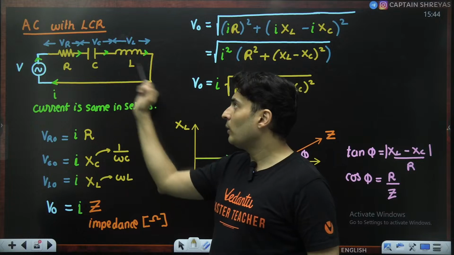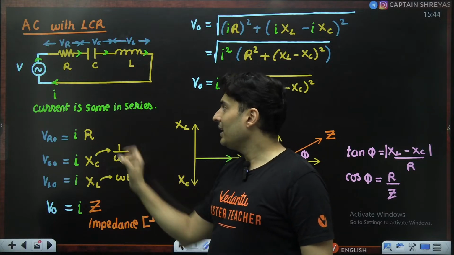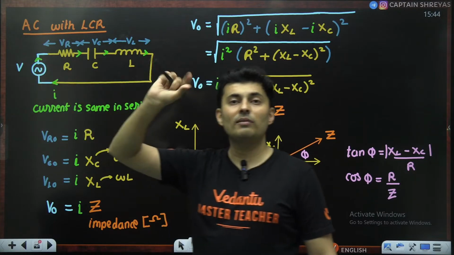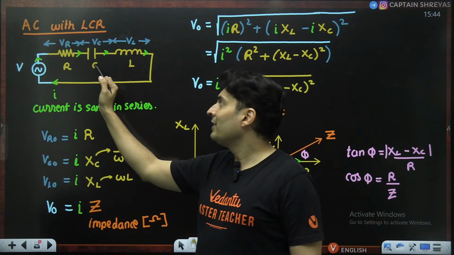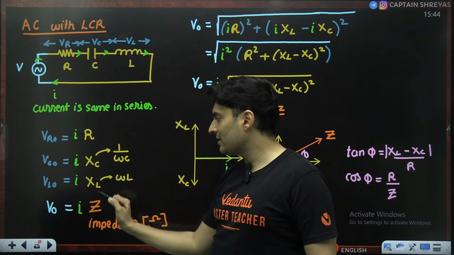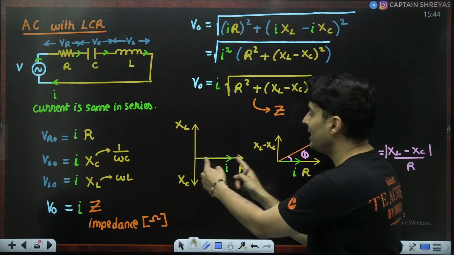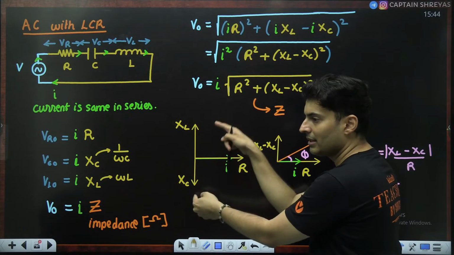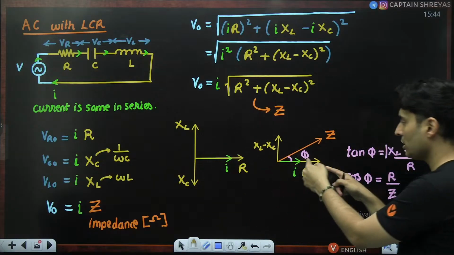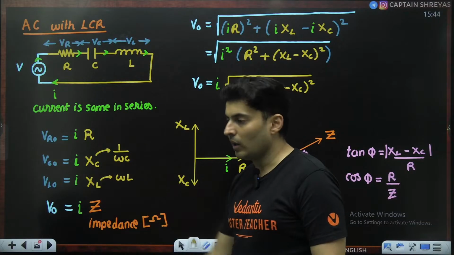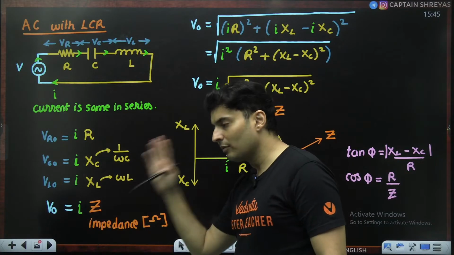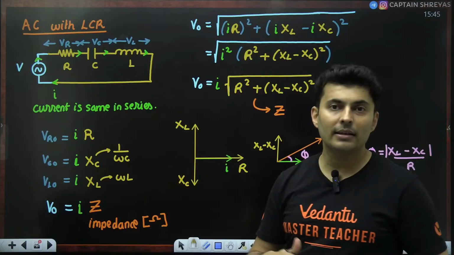So I can play around with the reactances by adjusting the frequency of the source. For different frequencies, I will get different reactances. The lengths will change, obviously. Z will also change, obviously. Phi can also change. And you will also see that the current will also change in that particular circuit.